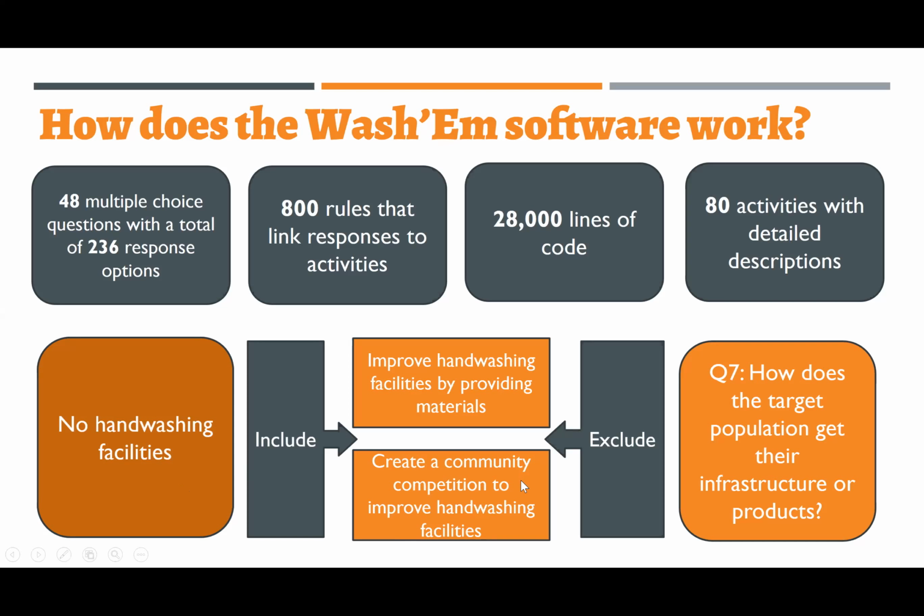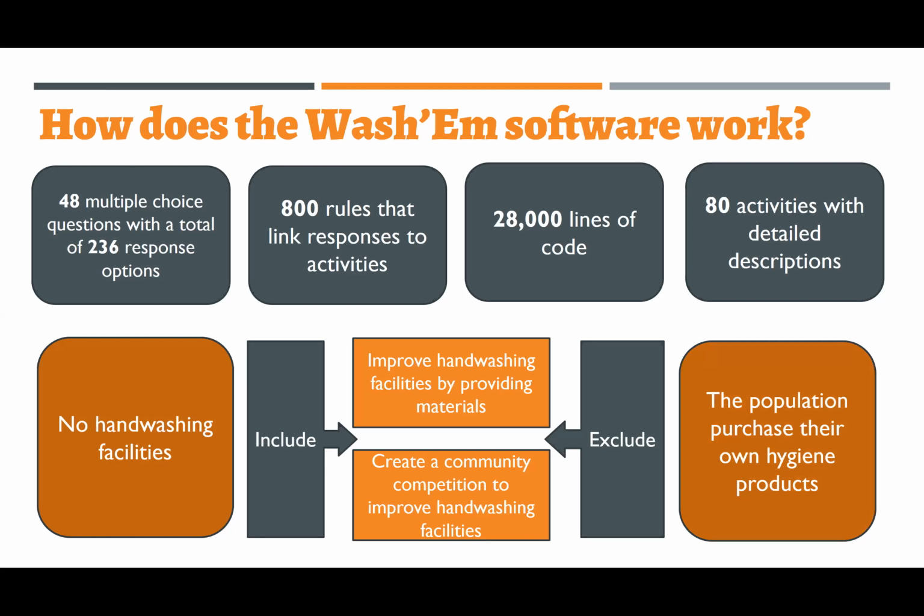However, it doesn't make sense for us to do all of these activities. So the software then looks to other questions in order to help exclude some of these. For example, question 7 asks whether our target population get their infrastructure and products from humanitarian organizations or if it is their own responsibility to purchase these products.